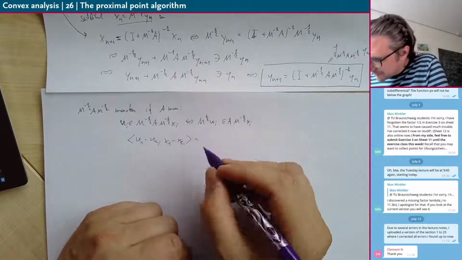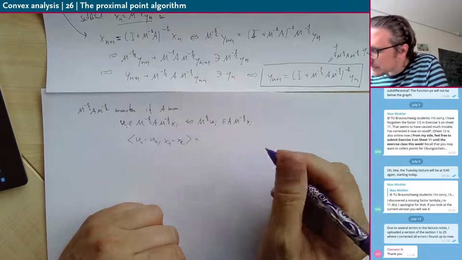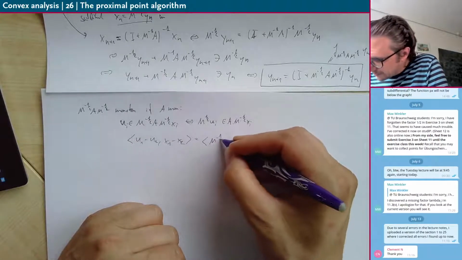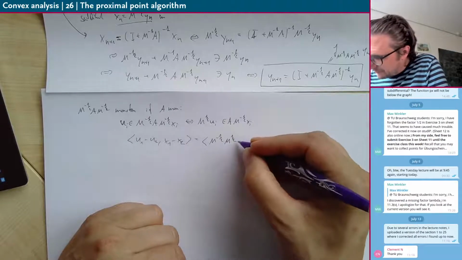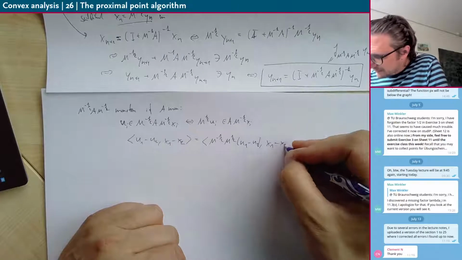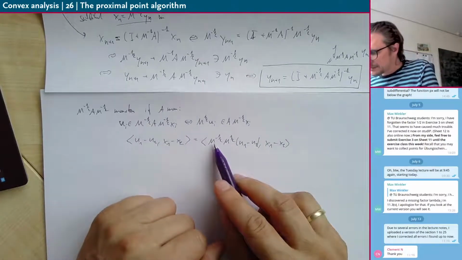What you can do is introduce here an M to the minus 1/2 times M to the 1/2 (u_1 minus u_2) times (x_1 minus x_2), and then this is self-adjoint.